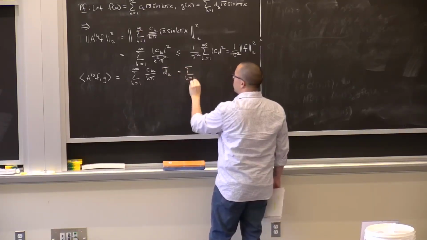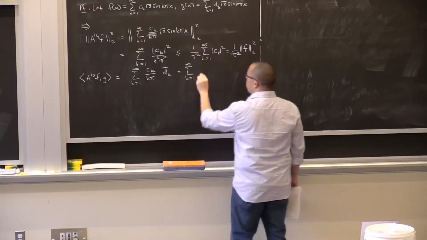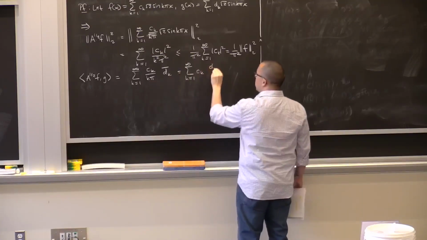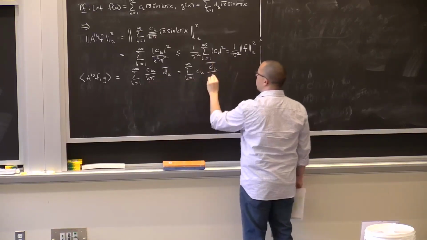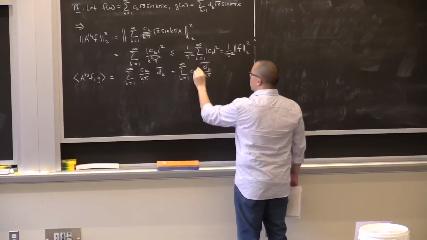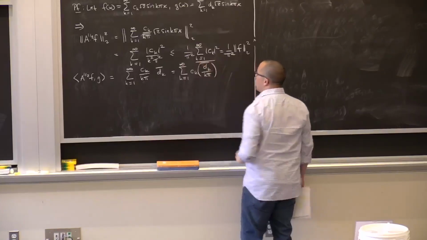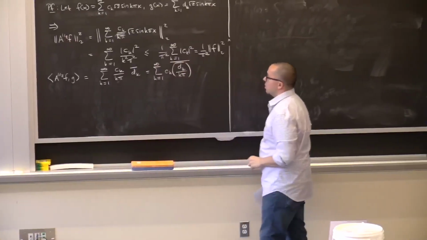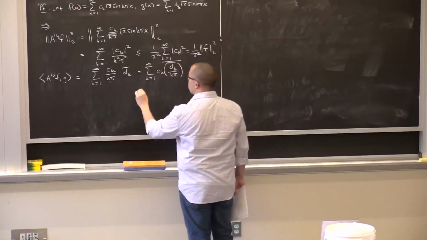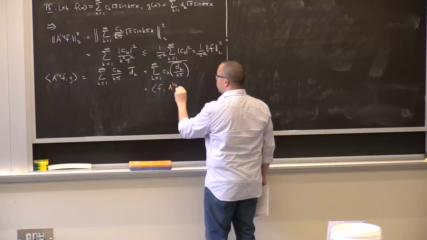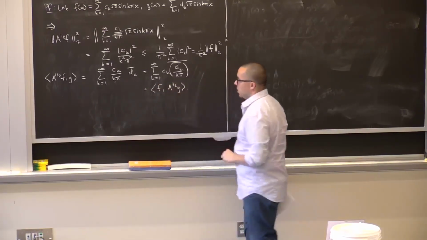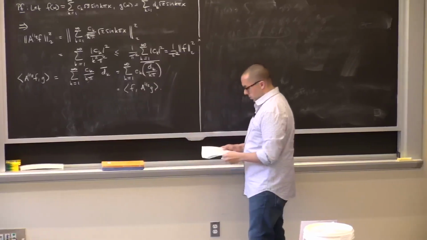And now we just move this over here. These are real numbers, so I can move them over onto the d without taking their complex conjugate, and that's just equal to f inner product A to the 1/2 g. So that proves that A to the 1/2 is self-adjoint.